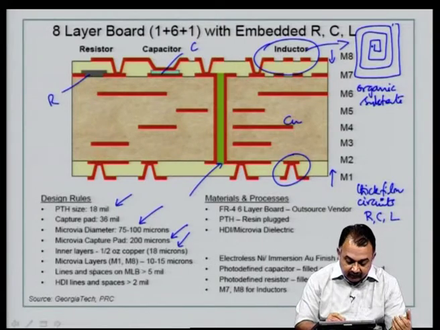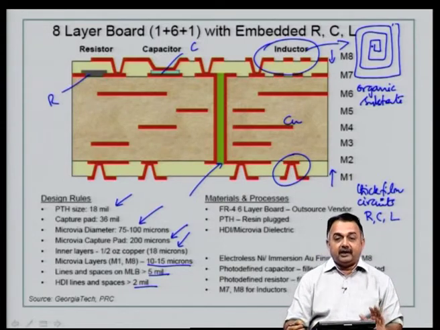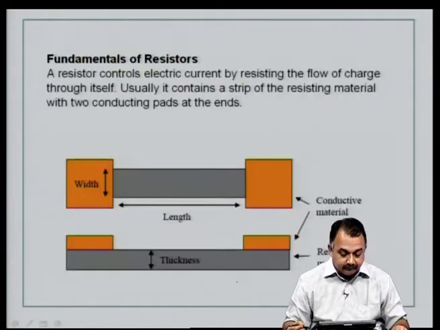There are micro via layers M1 to M8 10 to 15 microns, spacings are 5 mil, HDI lines are 2 mil, 50 micron and so on. So, typically you expect a high density circuitry when you design embedded passives.